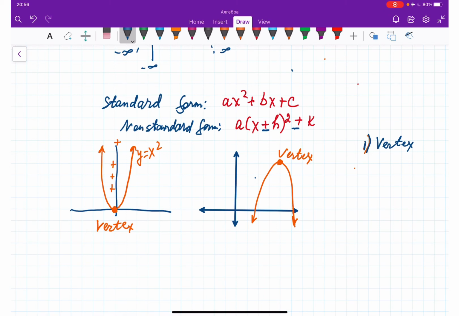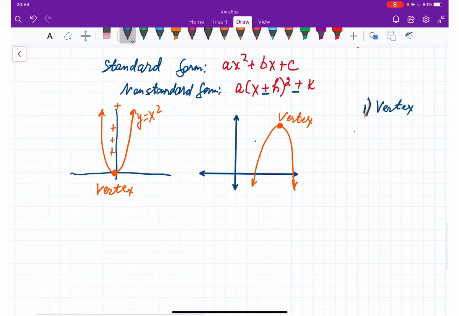Next, we have x squared. Next, I can build, see we have a everywhere in the original form, ax squared plus bx plus c, or a times (x plus h) squared plus or minus k.